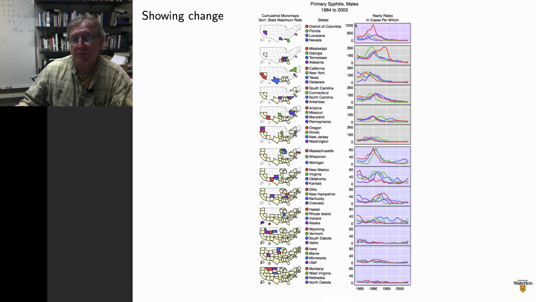The other indication that's being used here is color as the background. So if this graph has the same background color, this is one scale from 0 to 1,200. These gray scales with the gray backgrounds are all from 0 to 360 cases per million, and the bottom ones are again roughly a quarter of what it is before.